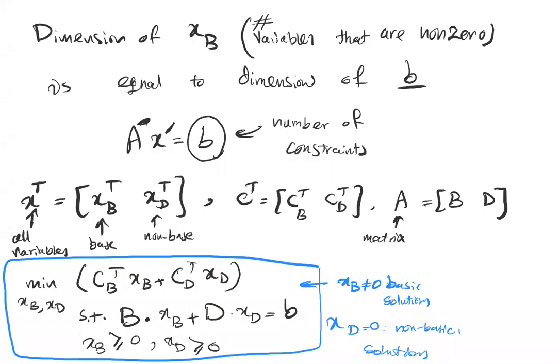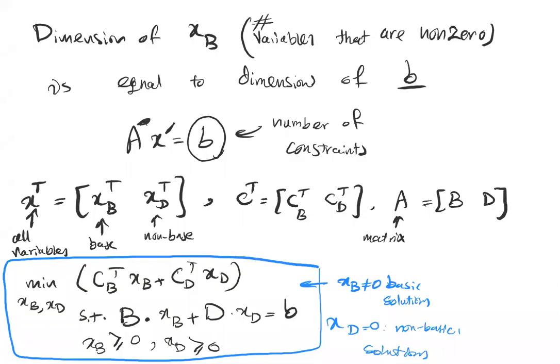So the next important step for the simplex algorithm is to formulate the tableau. For the tableau, I'm going to start from the constraints and try to create the tableau. Let's bring this constraint and rewrite it. So we have B X_B plus D X_D is equal to b.